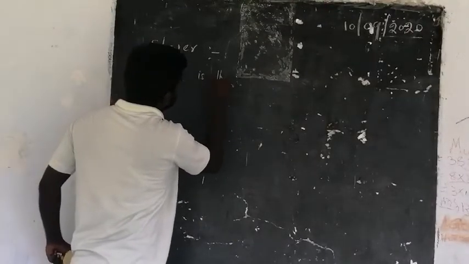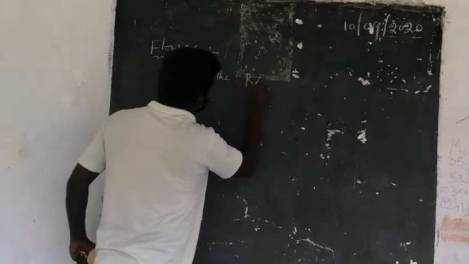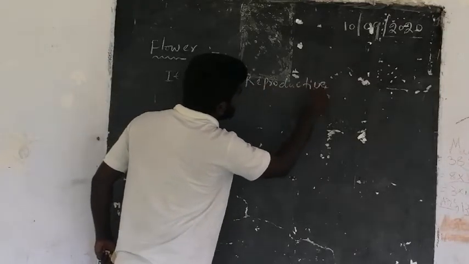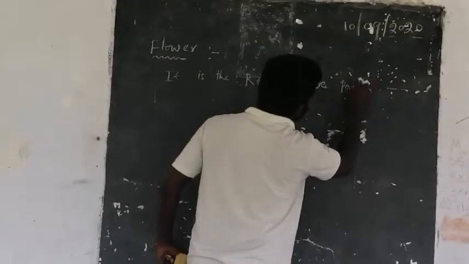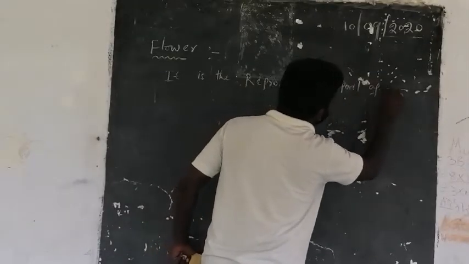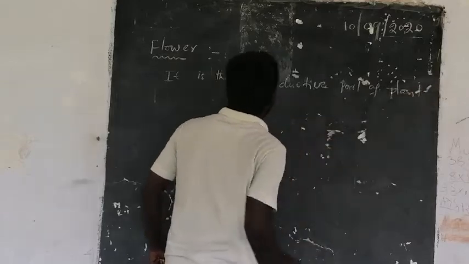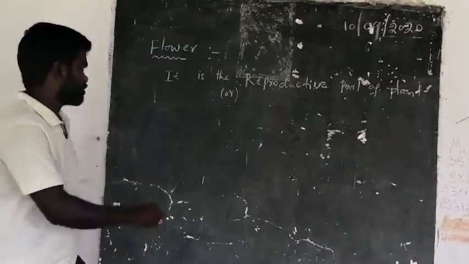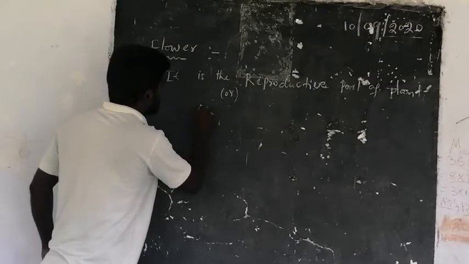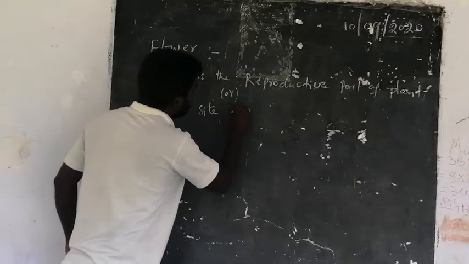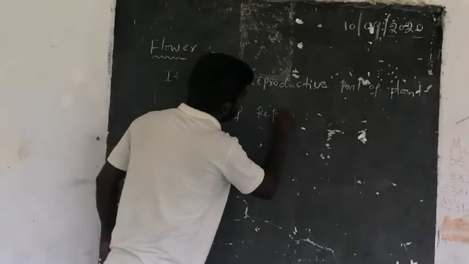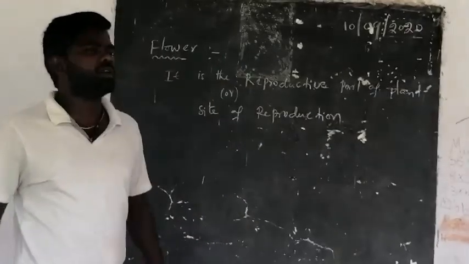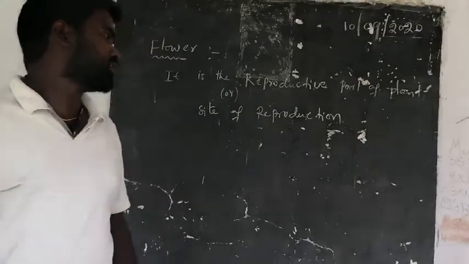It is the reproductive part of a plant, or it can also be called a site of reproduction, a place for reproduction.